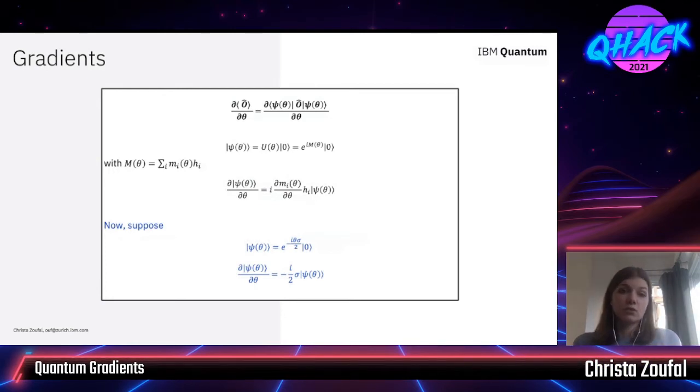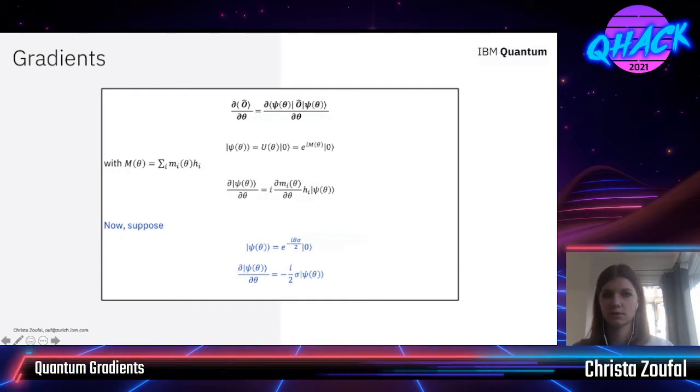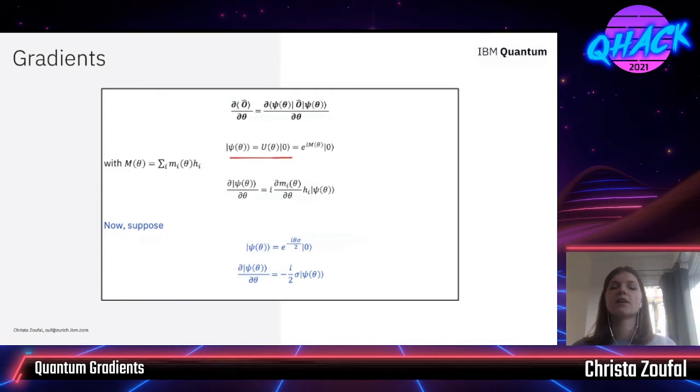Now, we assume for simplicity that our state is prepared here by a single unitary U(θ). Now, this unitary can be written as the exponential with respect to a Hermitian M. Now, this Hermitian M, again, can be written as a sum of parameterized coefficients and Pauli operators.